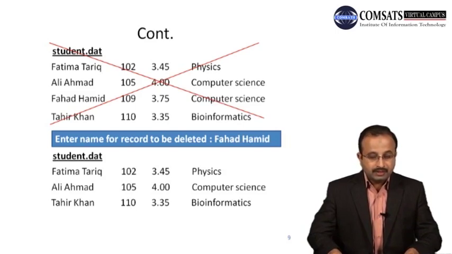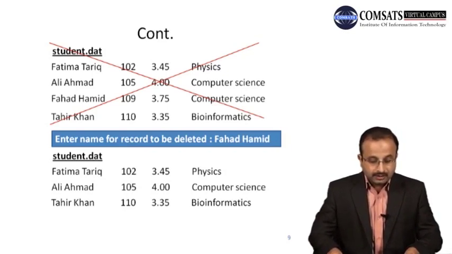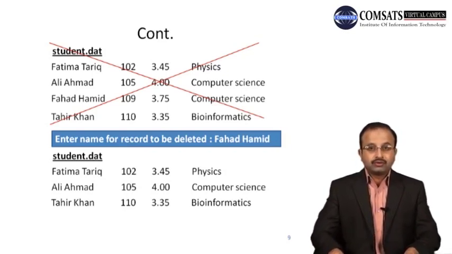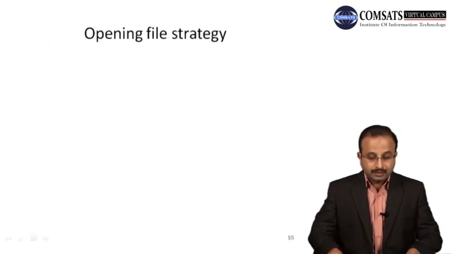So before renaming the temp file to student.dat, you have to delete the original file first, then you rename the file and then you open that file in rb+ mode, because we had closed both files. Okay? So that is a seamless deletion, and the user doesn't know that a new file has been created and all this process happened. That is known only to the programmer who programs it.